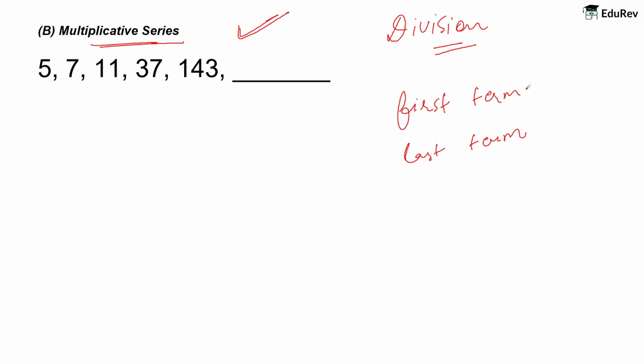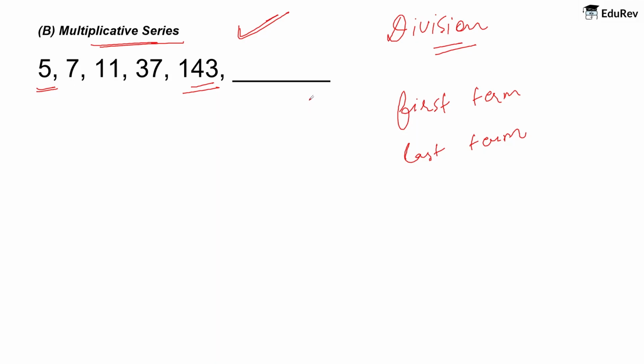So it means that the first term and the last terms are very much different from one another in terms of the difference. So over here you can see that the first number is 5 and the last number is 143. So you can see there's a huge difference between first term and the last term. So there is a possibility that this may be a multiplicative series.